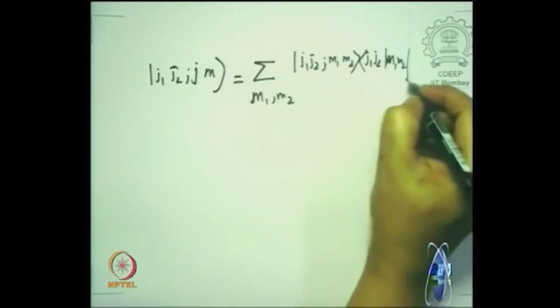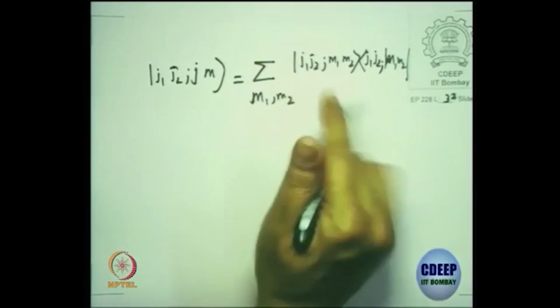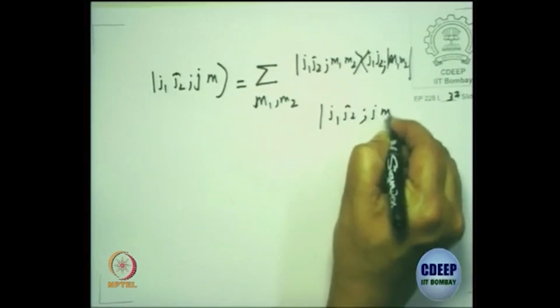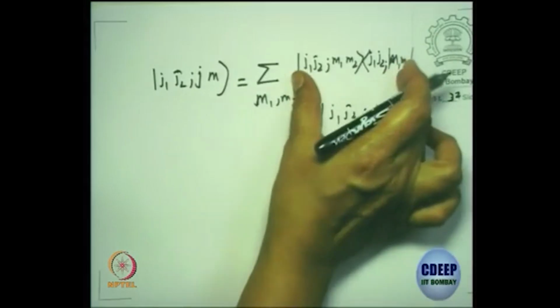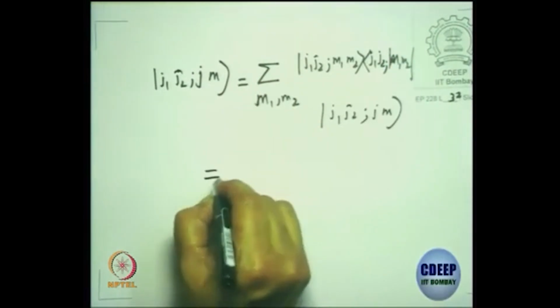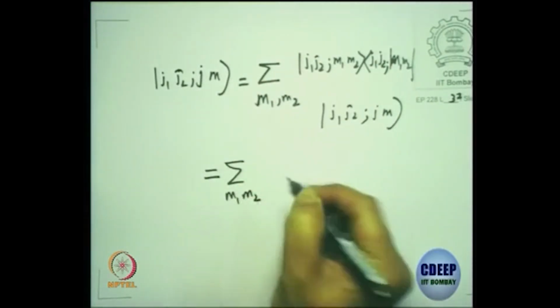Okay, you understand what I am writing, right? This is an identity operator multiplying J1, J2, J M. This is a complete set of bases. This is an identity operator. So this can be rewritten as a summation over M1, M2.